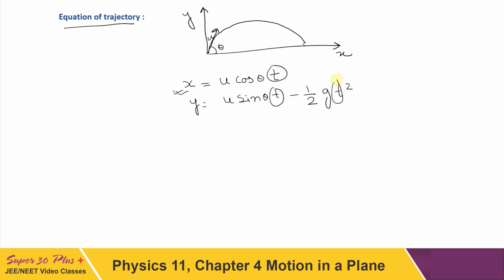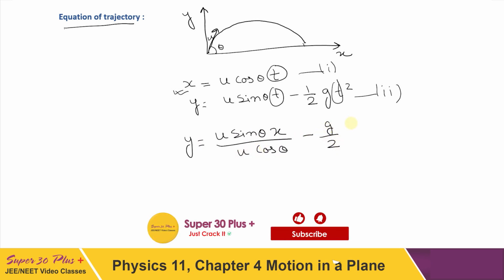So let us now substitute value of t from equation 1 to equation 2. t can be written as x upon u cos theta. If we substitute here, this will come u sin theta into x upon u cos theta minus g by 2 and square of t, which is x square upon u square cos square theta.